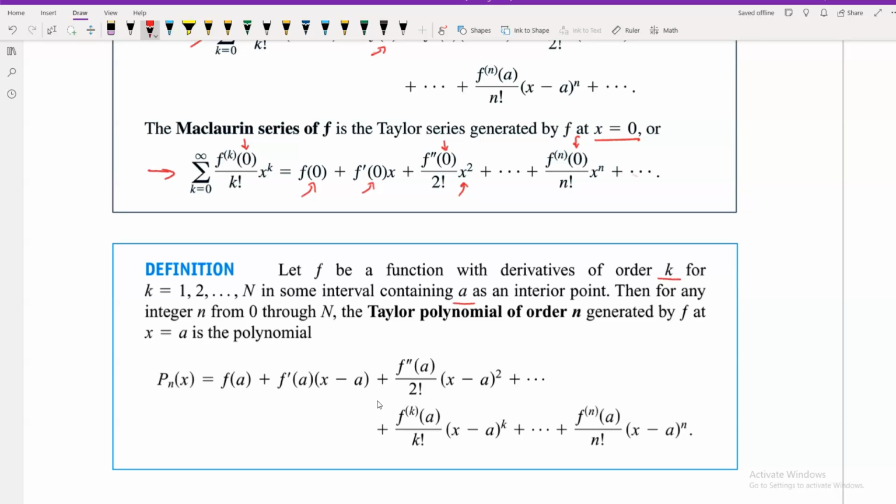Then for any integer n from 0 through uppercase N, the Taylor polynomial of order n generated by f at x equal to a is the polynomial P_n equal to f of a plus the first derivative of a multiplied by (x minus a), plus the second derivative divided by 2 factorial multiplied by (x minus a) to the second power, plus three dots, plus the kth derivative divided by k factorial multiplied by (x minus a) to the kth power, plus again three dots, plus the nth derivative divided by n factorial multiplied by (x minus a) to the nth power.